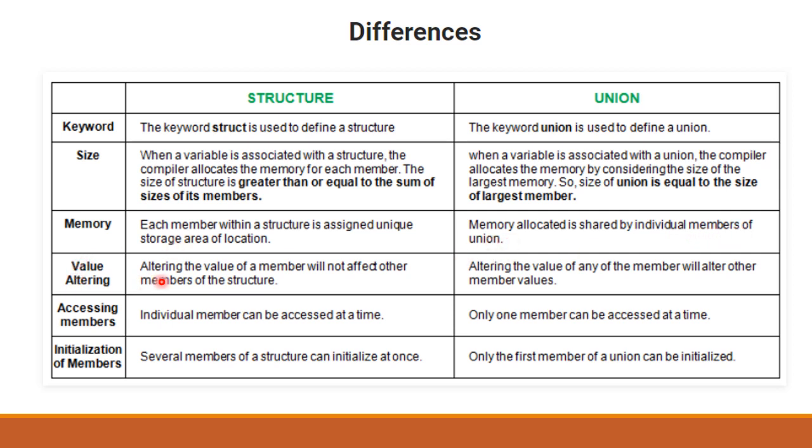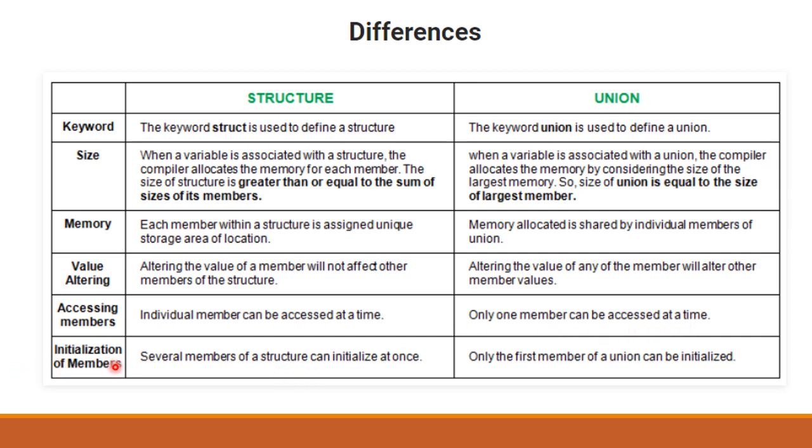Value altering: altering the value of a member of a structure will not affect the other members, whereas in a union, altering the value of any member will alter the other member values. Accessing the members: individual members can be accessed at a time in a structure, but in a union, only one member can be accessed at a time.